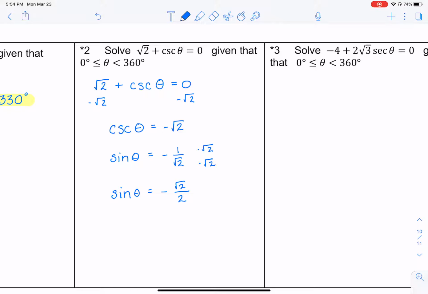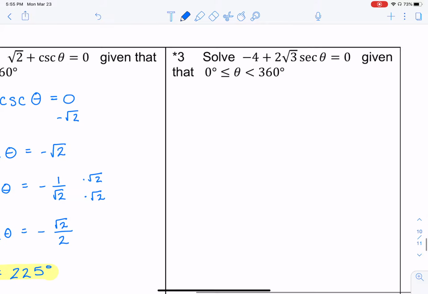I should find two different places where I have a -√2/2. That happens at theta equaling 225 degrees, and also theta will equal 315 degrees. Both of them are within our restricted area, so I calculate both of those.